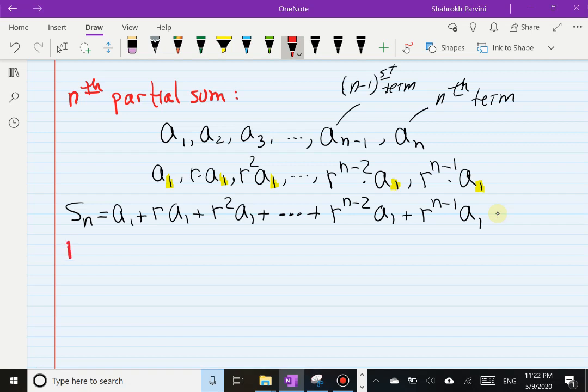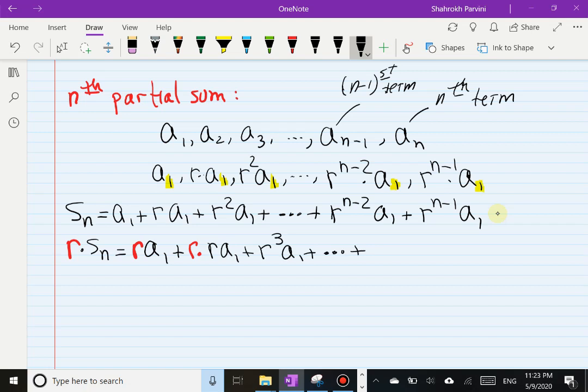So I'm going to go r times S sub n. Now, when I multiply that expression by r, everything is going to have an r attached to it. So it's going to be r a1 plus, well, there's a red r, and then there's another r a1 here, which makes it r squared a1. The next one is going to be r cubed a1 and so on.